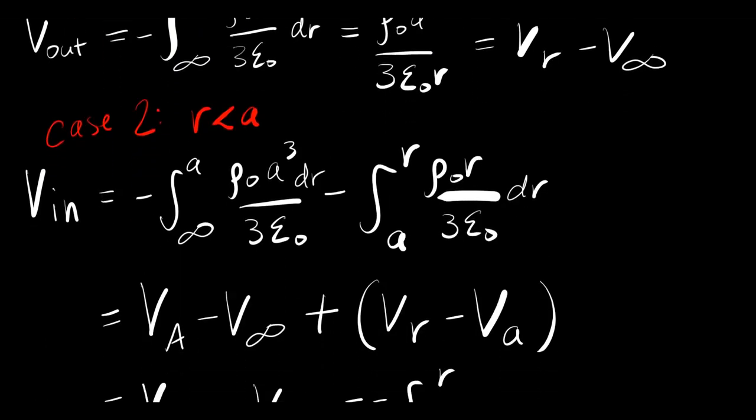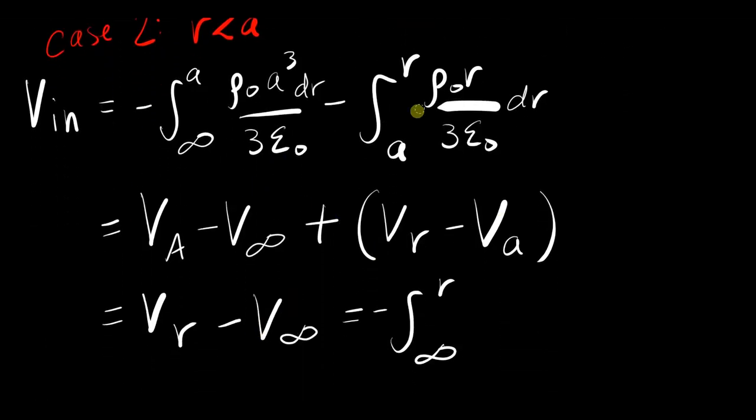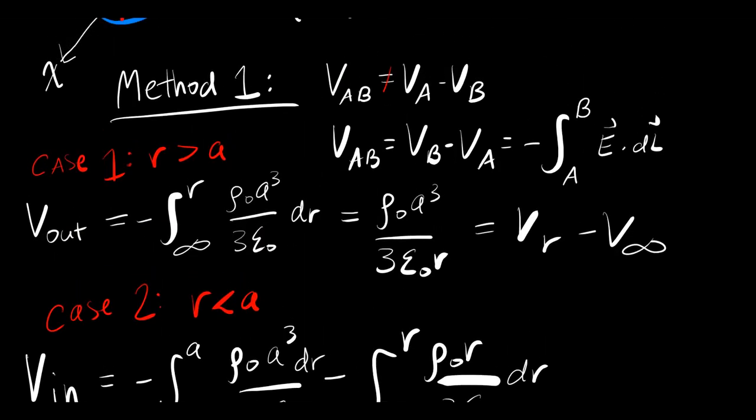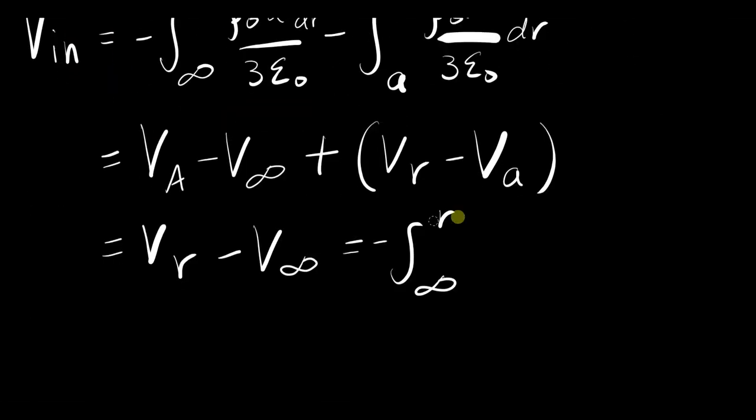The reason we had to split it up into this more complicated expression is because the electric field differs whether you're inside or outside the sphere. But if you rewrite these integrals in terms of this formula that we know, then it becomes a little more intuitive mathematically, at least.